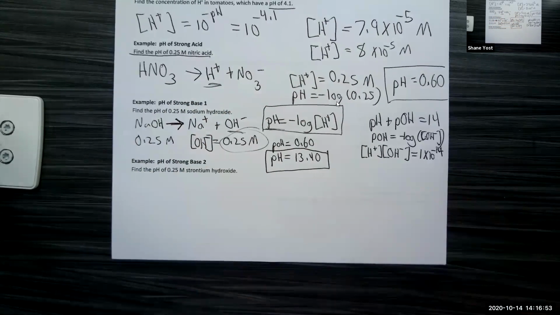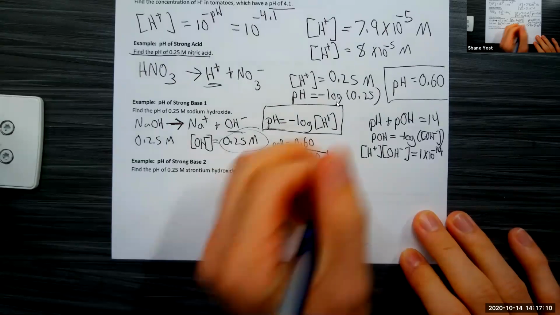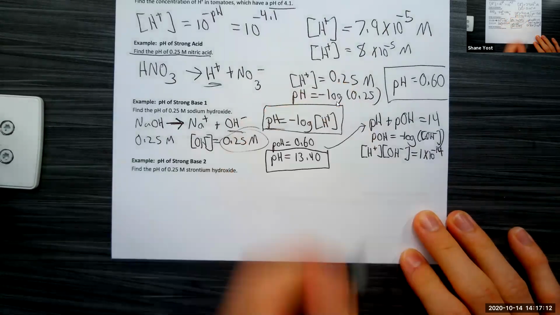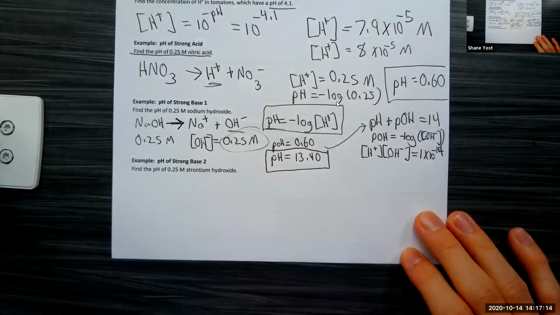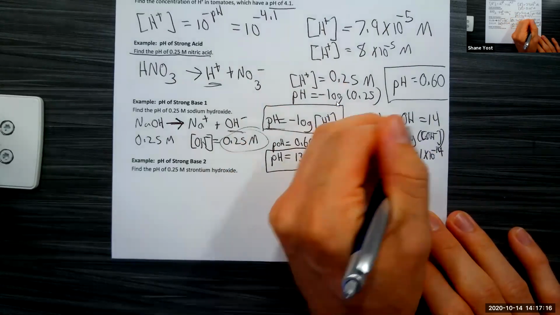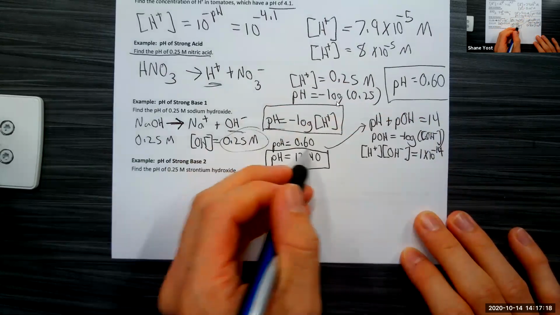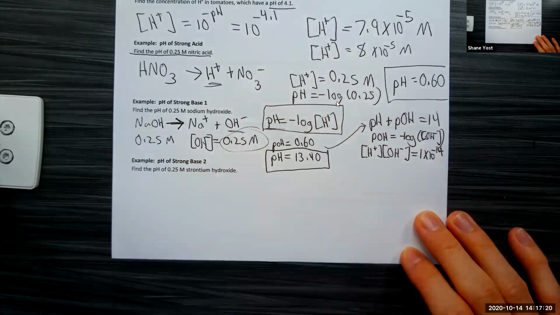So the pH of this solution of 0.25 molar sodium hydroxide is 13.40. Again, I got from the pOH to the pH by using this formula up here. I did 14 minus the pOH, so 14 minus 0.6 gives me 13.4.